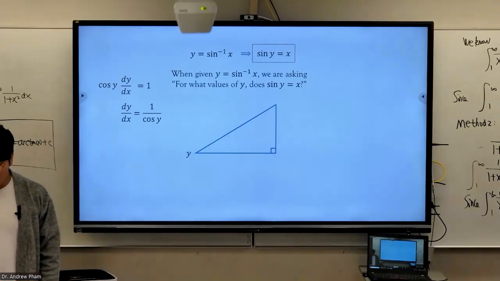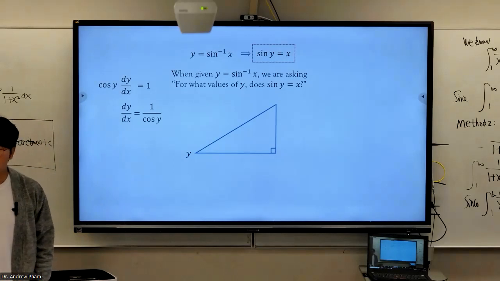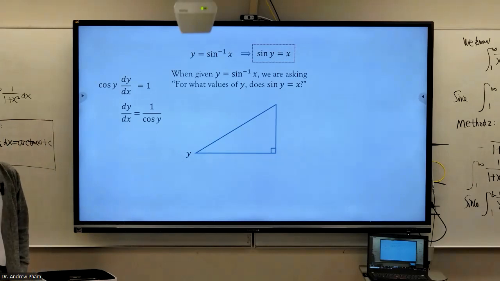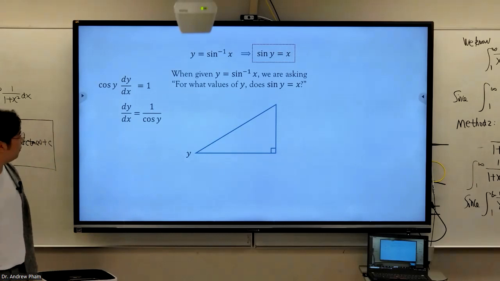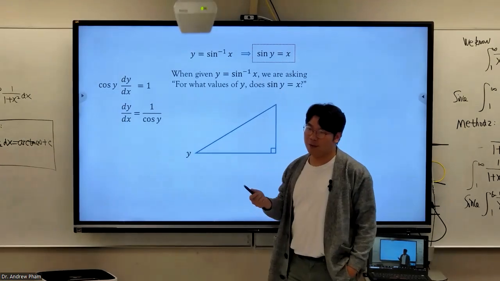Does anyone actually remember what sine is in respect to a right triangle, like the opposite, the hypotenuse, the adjacent? Yeah, so we have opposite divided by hypotenuse. Again, this is not something I'm necessarily expecting you to remember, but it's building the theory about how we're getting this.